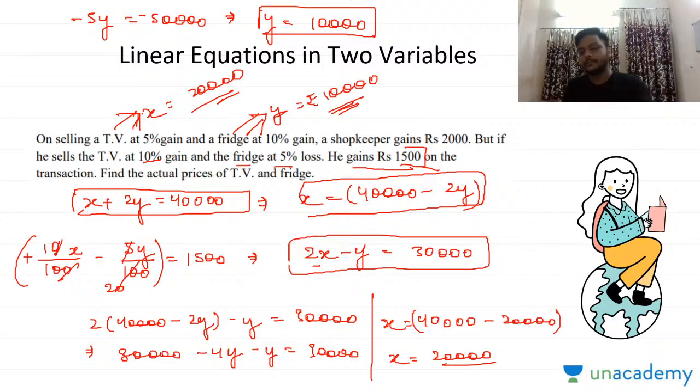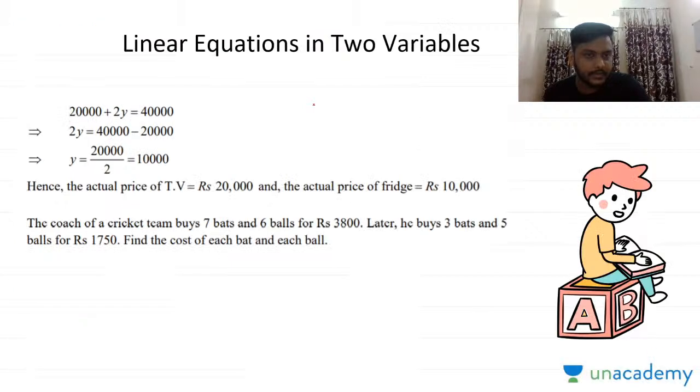Okay. So time to move forward, guys. When we are clear with this, the next question that we are having is this one. It's again a very simple question. The question states that the coach of a cricket team buys 7 bats.